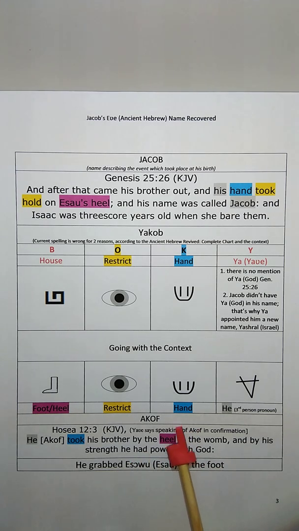So in Akov, we have he grabbed Esau by the heel or by the foot. So Akov is the correct pronunciation or the correct spelling of Jacob.